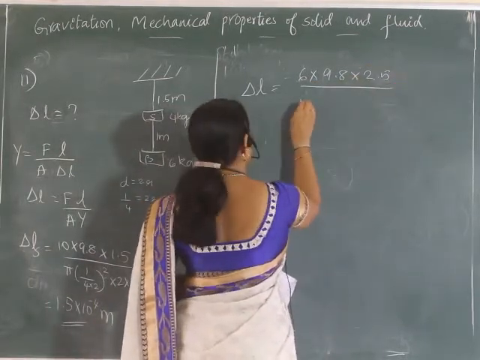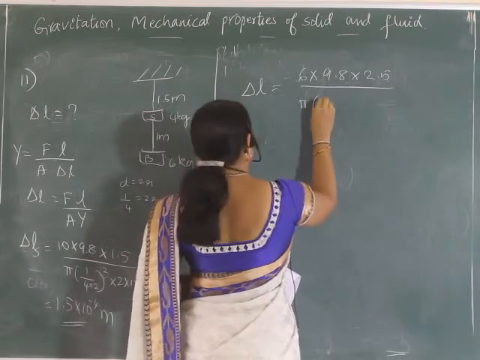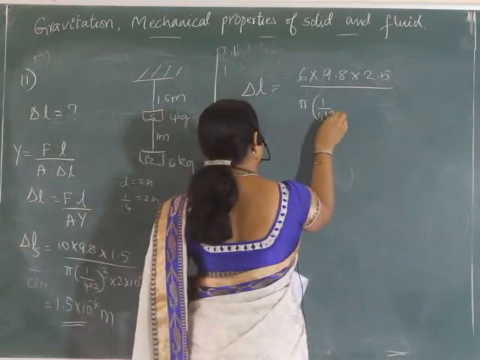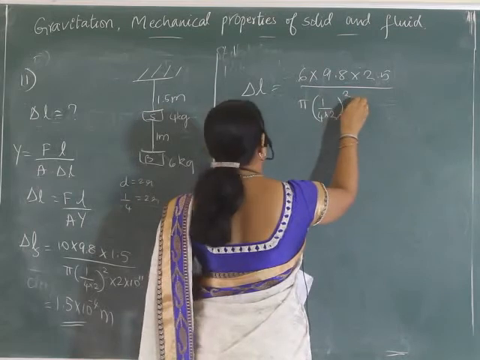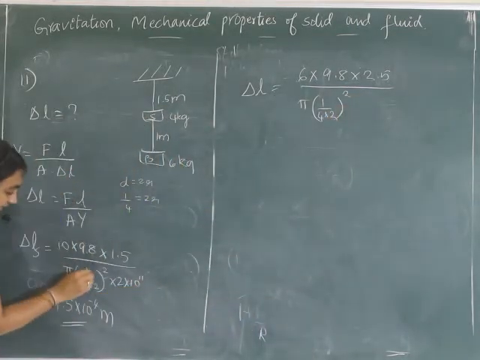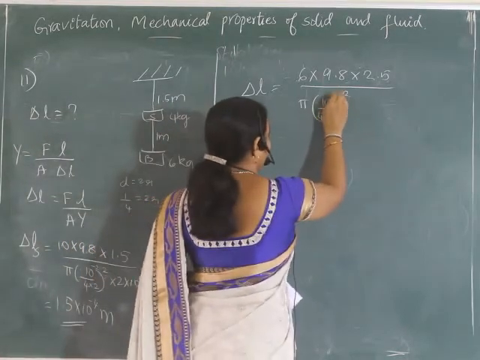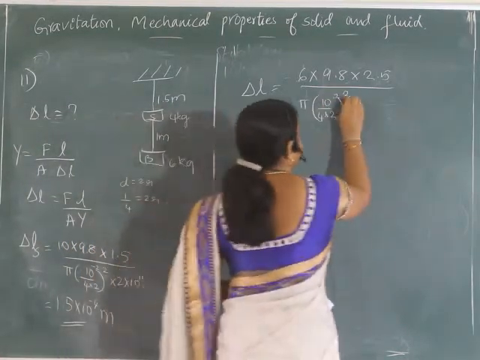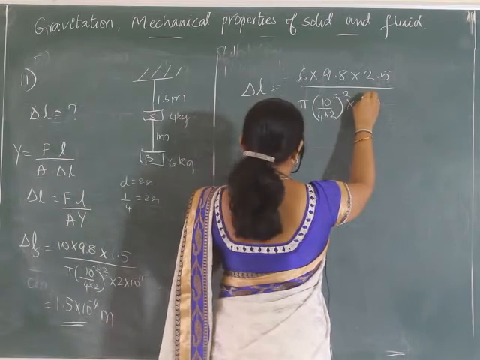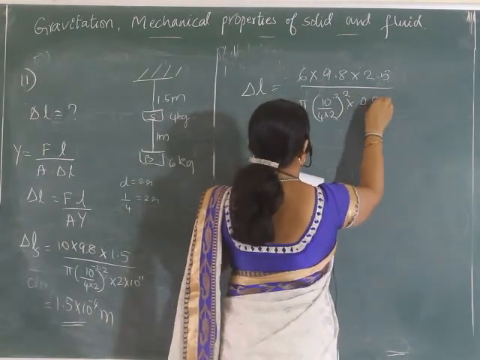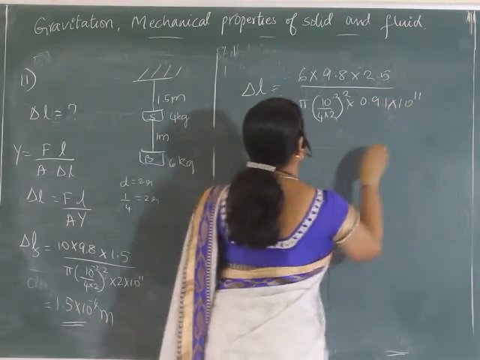Divided by pi, 1 by 4 into 2. And one more I left over here is 10 to the power minus 2, because it is written in centimeter. We want it in meter, into 0.91 into 10 to the power 11.